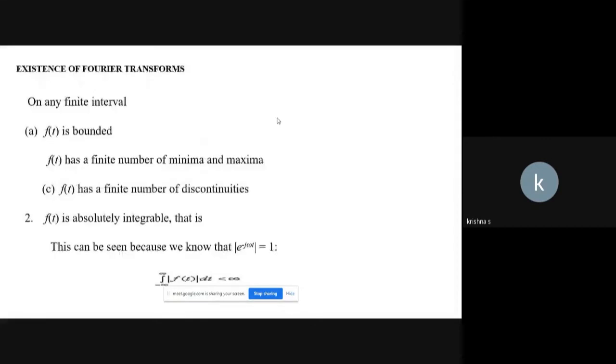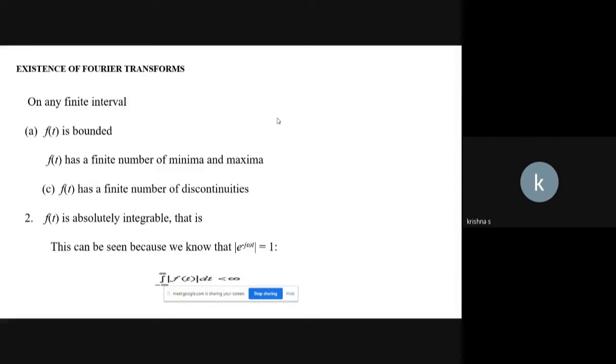These are the conditions for the existence of the Fourier transform. In the Fourier series we have the period, but here we have a finite interval, because the signal is not periodic. We take one interval of time, and in that interval the signal should be bounded. That means you should not get some random value; you should get a valid number, less than infinity.